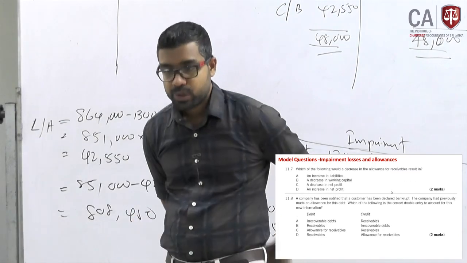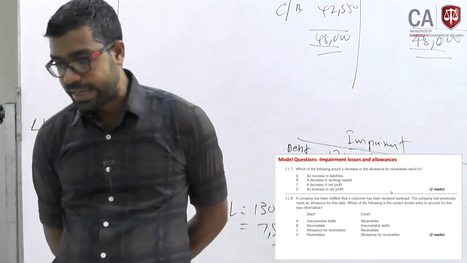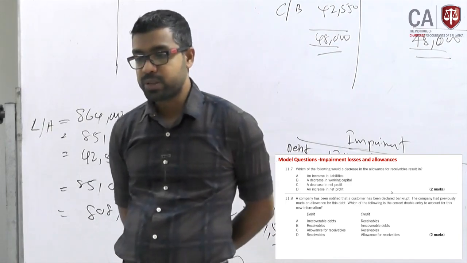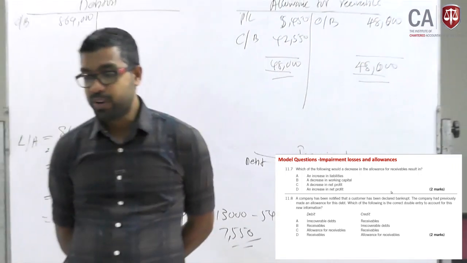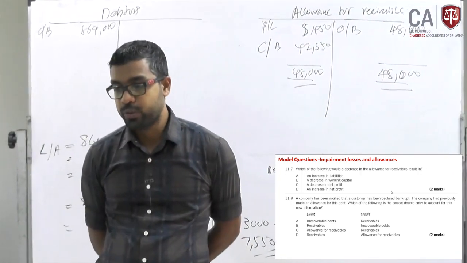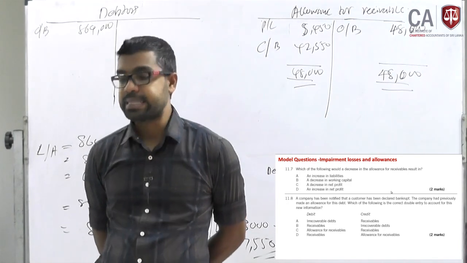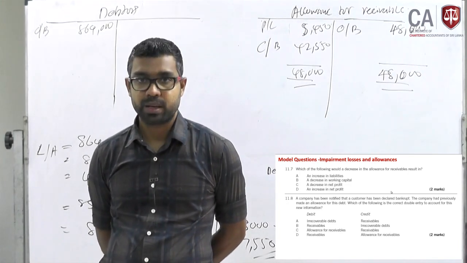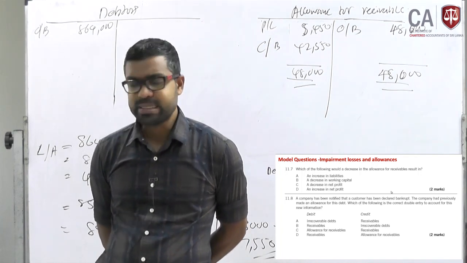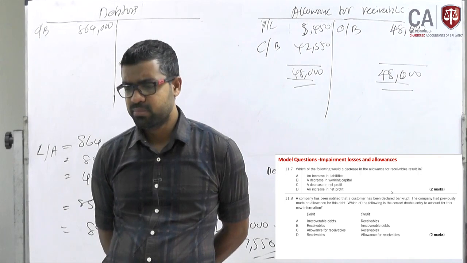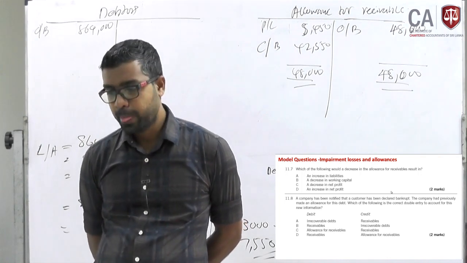Question number 7. Which of the following would a decrease in allowance for receivable result in? Increase in liabilities. There's no liability.